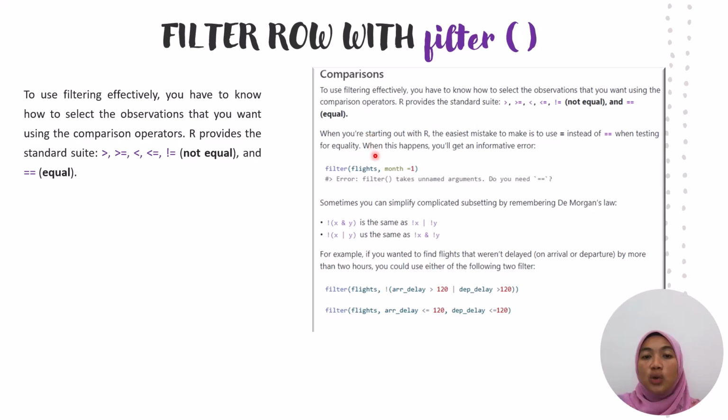When you are starting out with R, the easiest mistake to make is to use a single equal instead of a double equal.